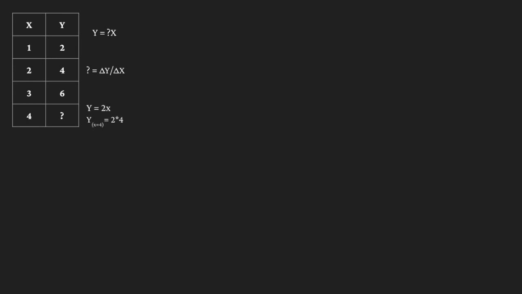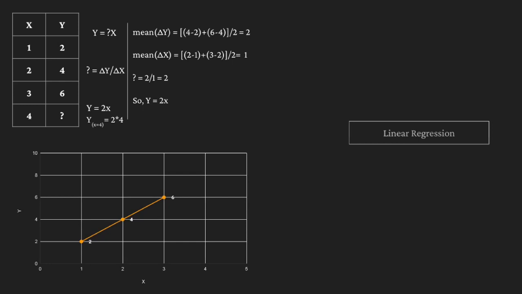Some of you may have done it by looking at the difference in y's and the difference in the x's, or some of you may have just seen that this is going in even numbers. Either way, it is fine. And some of you may have taken an advanced approach, right? That's fine. And this is the graphical representation.